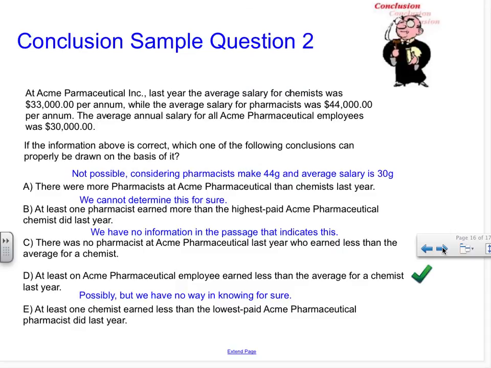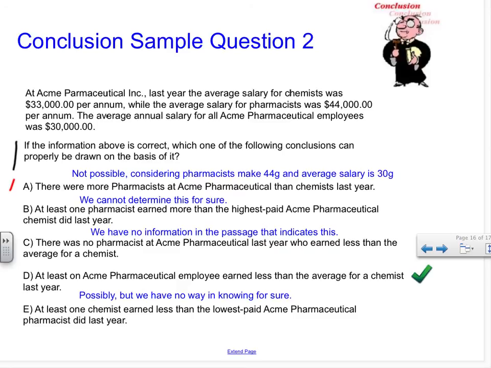So the last part of the question is right here, and I'll do it together. If the information above is correct, which one of the following conclusions can properly be drawn on the basis of it? So A is right here, and it reads as follows. There were more pharmacists at Acme Pharmaceutical than chemists last year.